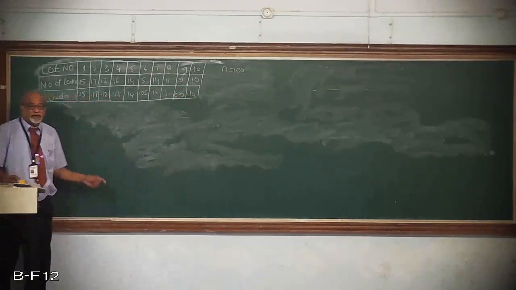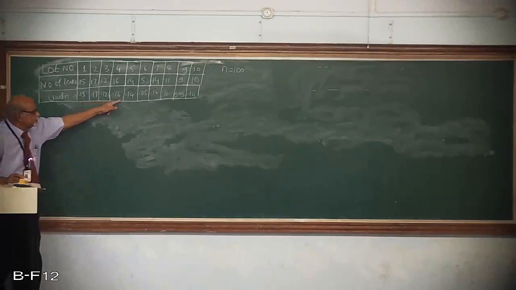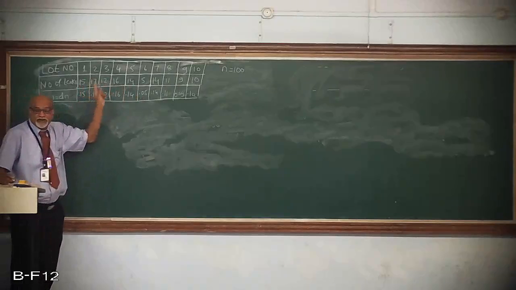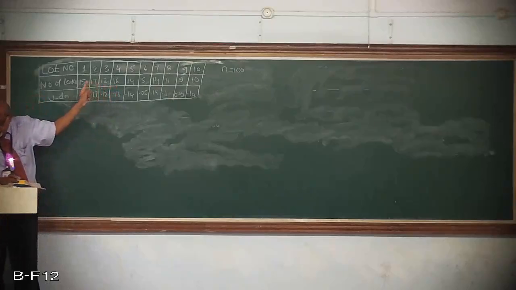Okay, U bar is how much? U bar means summation of these things: 0.15, 0.17, 0.12, 0.16, divided by how many lots? There are 10, so divided by 10.